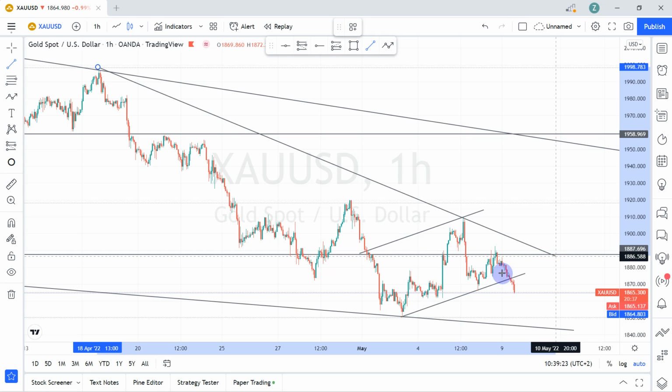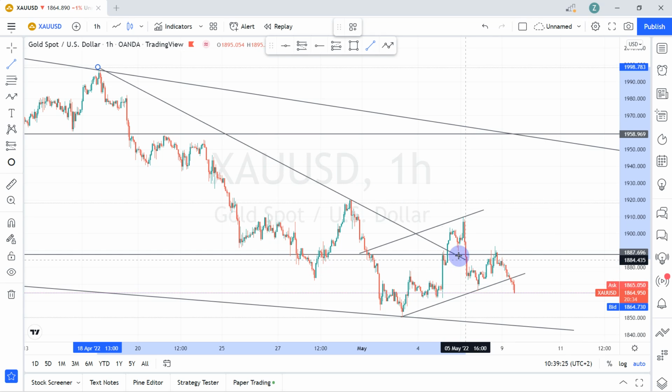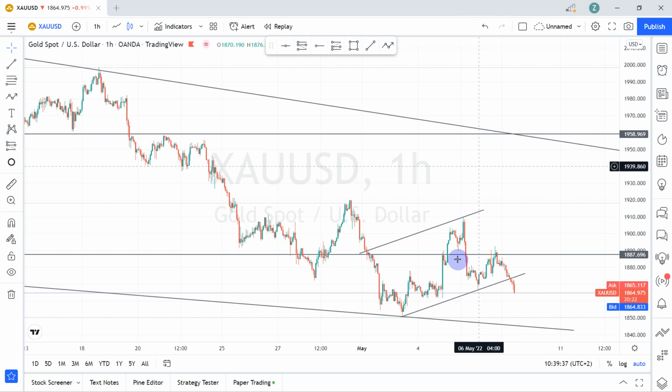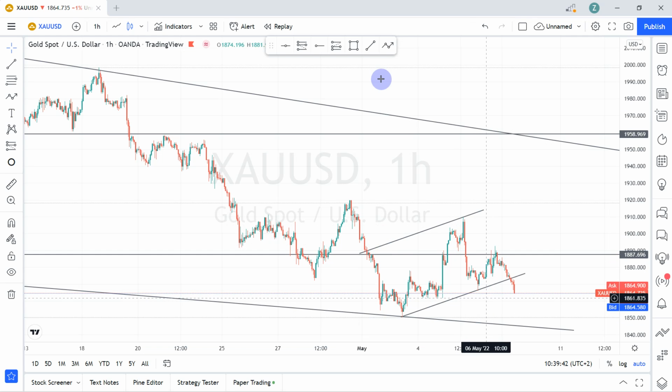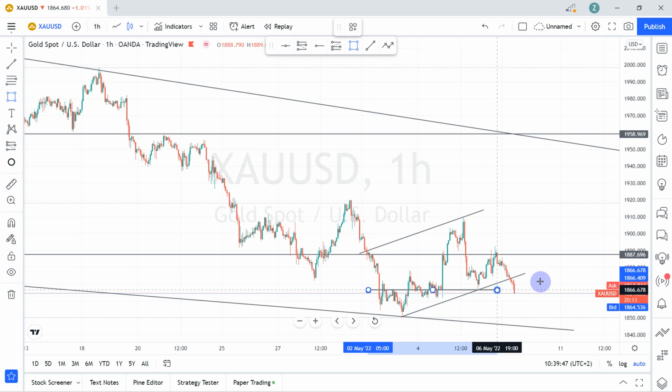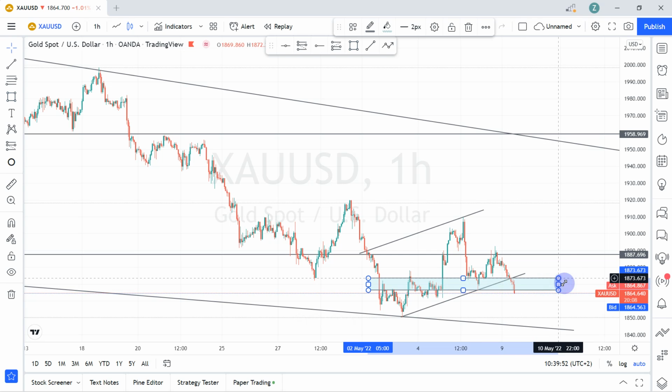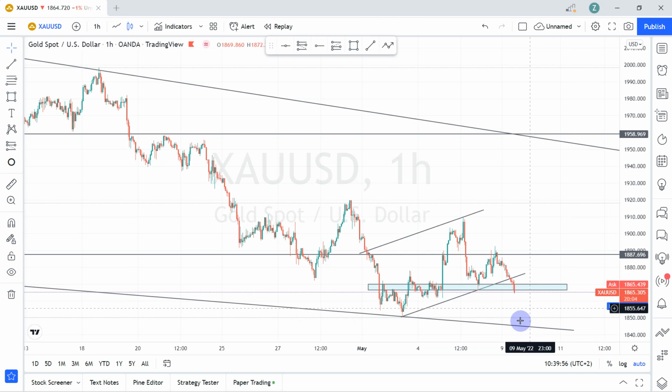Wow, guys, sometimes it takes time to analyze, and it's hard to find setups. That's why you analyze to find setups, not to just trade and make money. So yes, we are in a bearish trend, and the market is currently breaking out of our support zone, which is now becoming a resistance zone.